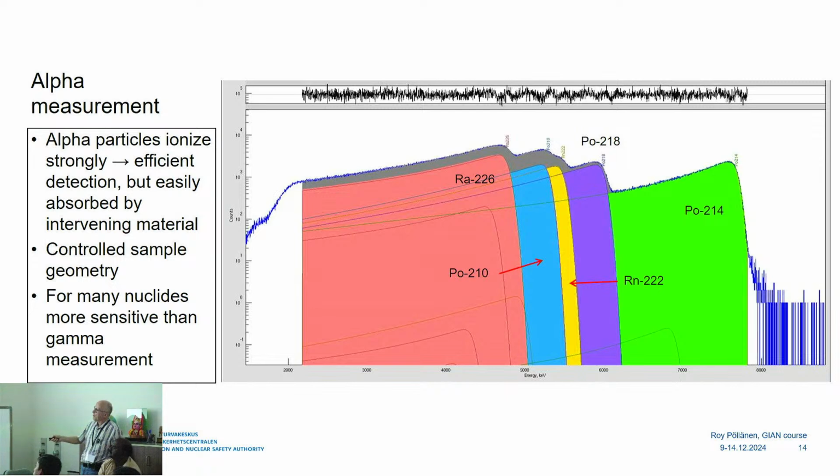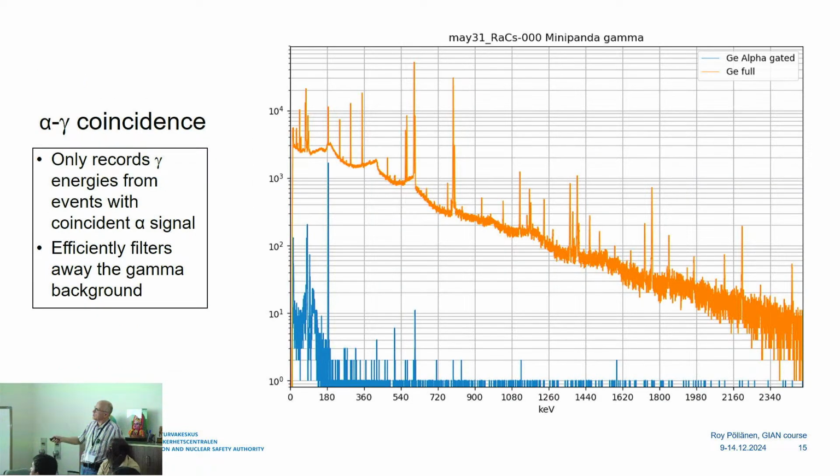Let's see what happens when we are doing coincidences. Again, list mode coincidences. A time signal is collected from both detectors and attached to each quantum. So this is a so-called raw gamma spectrum, a normal gamma spectrum. This is the gamma spectrum that is gated using alphas.